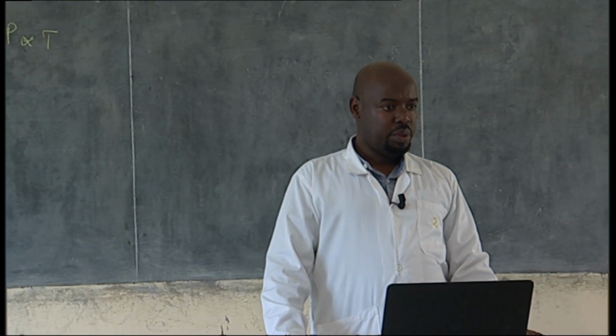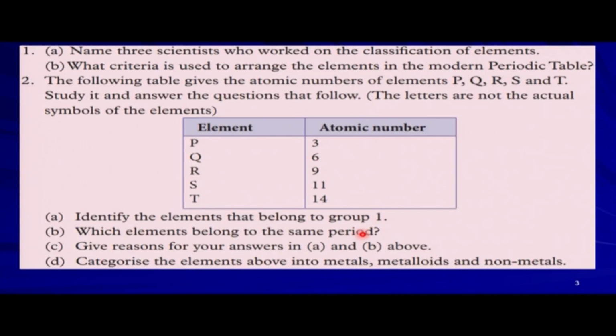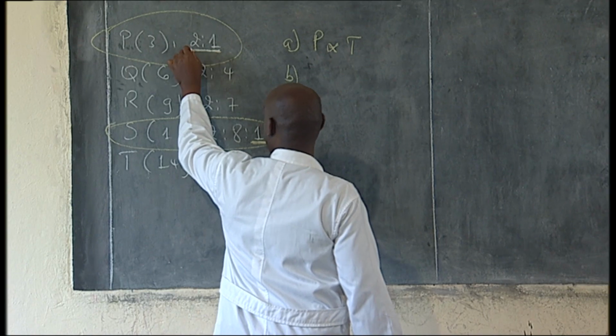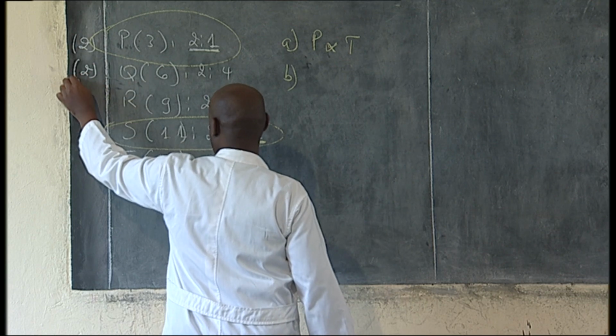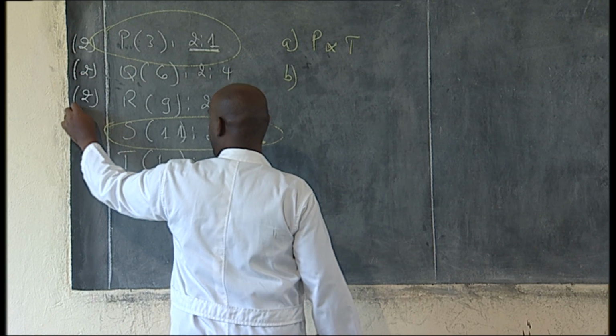Which elements belong to the same period? To know the number of periods, we need what? We need to know the number of energy levels. You remember that the number of energy levels is equal to the period number. So which elements have the same number of energy levels? We have to check this. Here we have two energy levels, here two energy levels, here two energy levels.